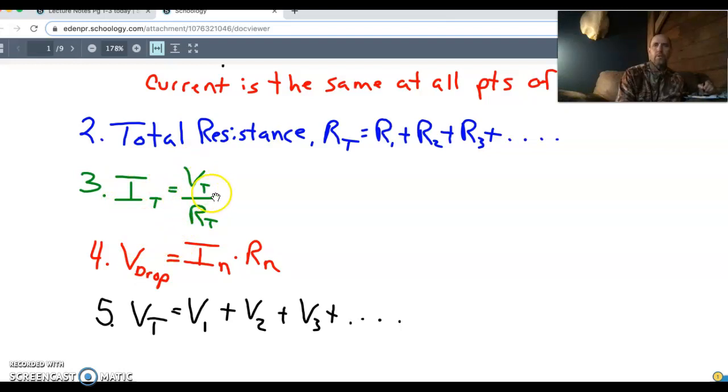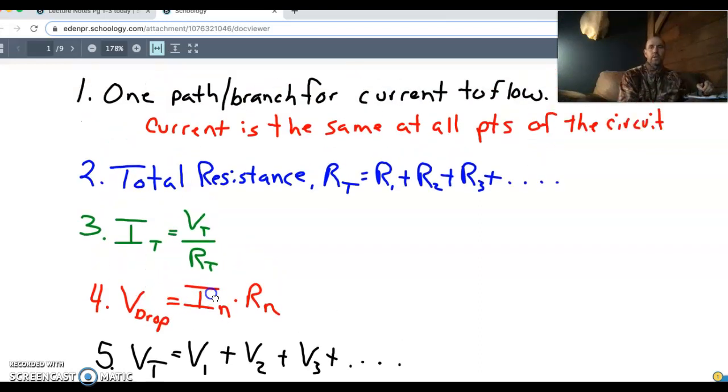We went through and found, measured, or calculated those 3 components at each of the parts of the circuit, and that's what you would do on a test question. Typically, you would be given a circuit and you would need to find the total resistance, the total current, and the voltage drop or current at all points of the circuit. A series circuit is really pretty straightforward, so it's a good one to start with.